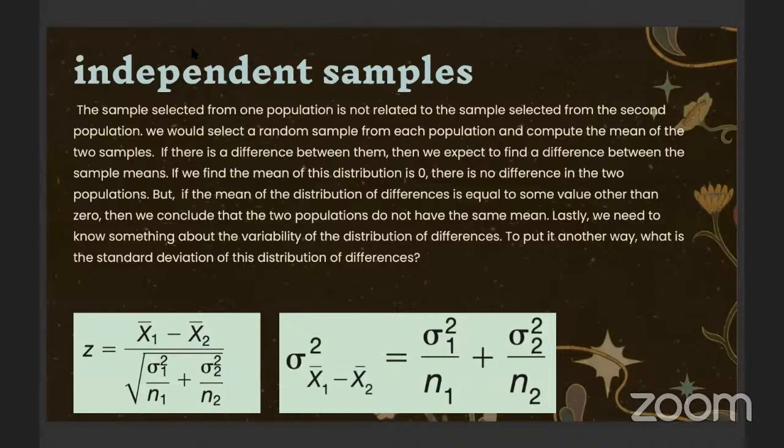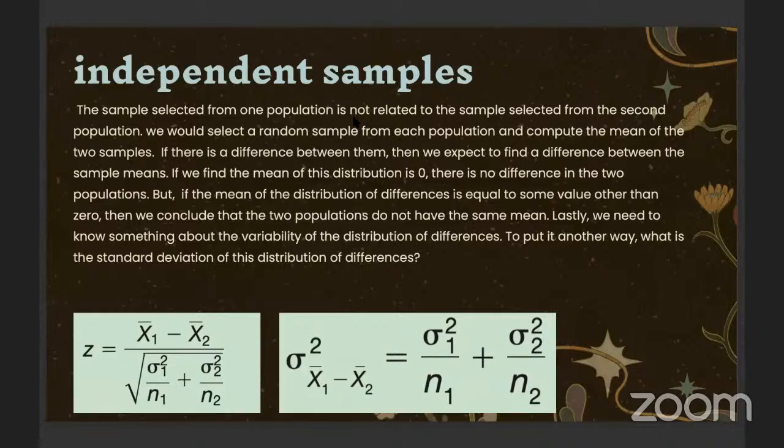Lastly, we need to know something about the variability of the distribution of the difference. Then we have the two formulas. The first is z equals x1 minus x2, divided by the square root of standard deviation 1 squared divided by n1, which is the first sample size, plus standard deviation 2 squared divided by n2, the second sample size.